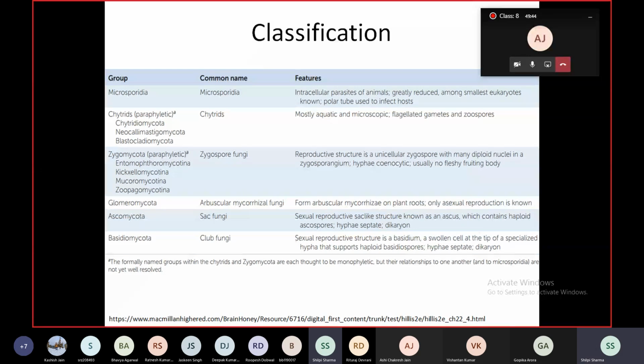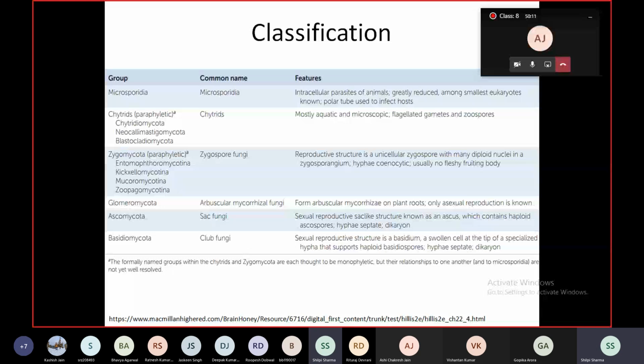The architecture, the arrangement, and the type of spore is one of the major parameters in actually classifying them. This is besides the kind of septa that they possess, cenocytic or cross-walled hyphae. I have to mention that there's a term called perfect fungi, which is used for those fungi which can reproduce both sexually and asexually.